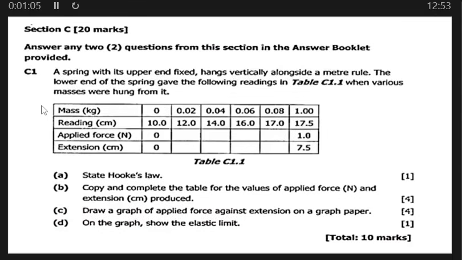Answer any two questions from this section in the answer booklet provided. C1, a spring with its upper end fixed hangs vertically alongside a meter rule. The lower end of the spring gave the following readings in table C1.1 when various masses were hung from it.